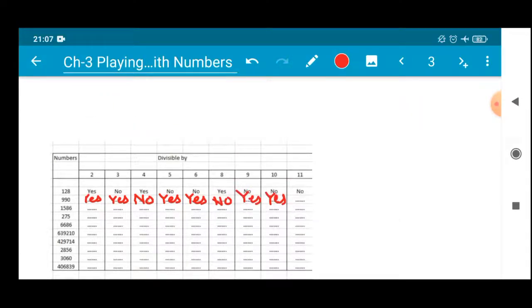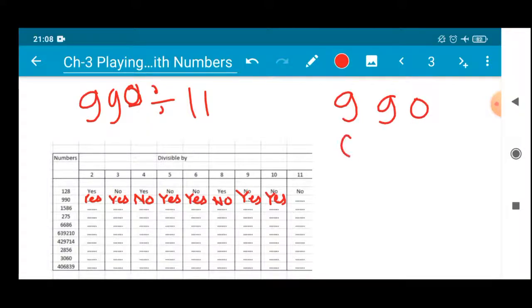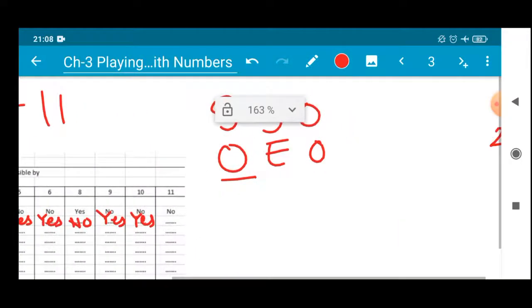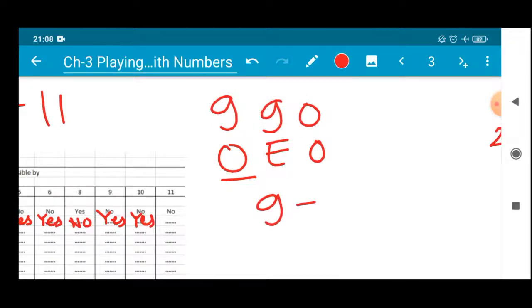Now next, is 11 able to divide or not? Let's check that also. Can 990 be divided by 11 or not? So in order to do that, we have to differentiate the odd and the even places. Every time the numbers start from odd, even, then odd. So let's add first the digits in odd positions, that is 9 plus 0. And what are the even positions?